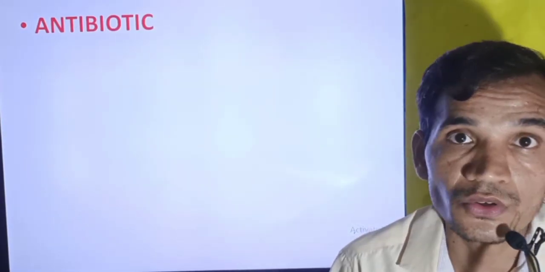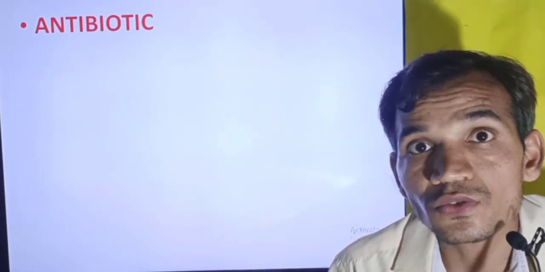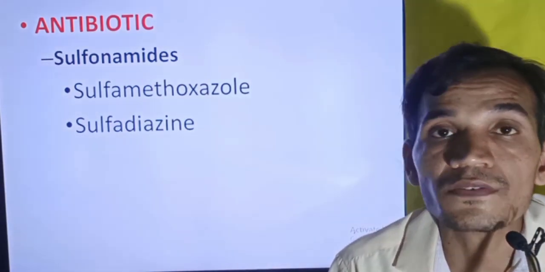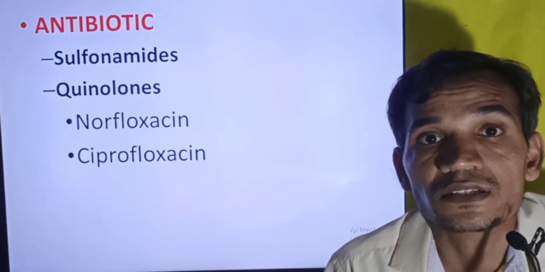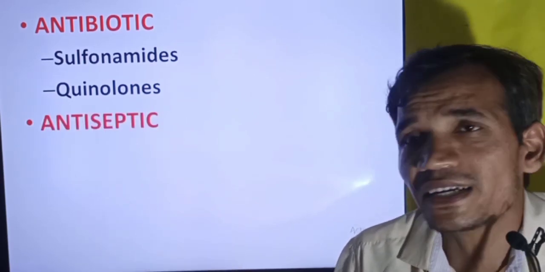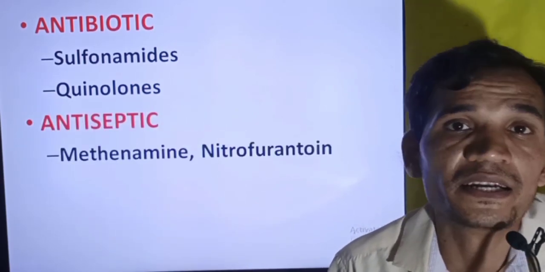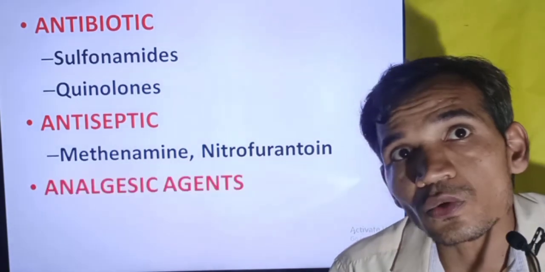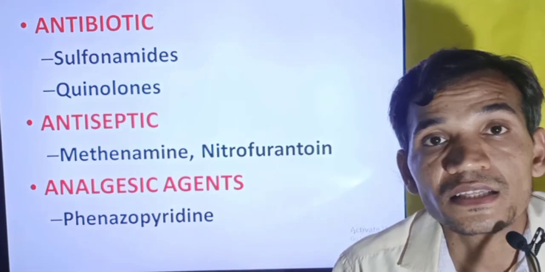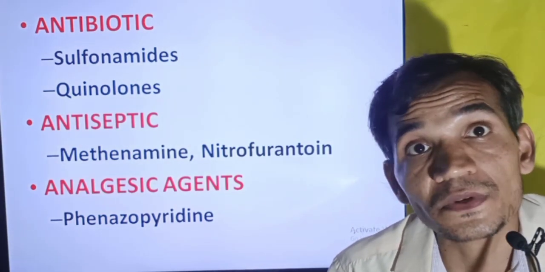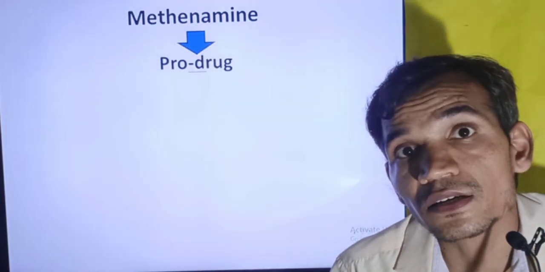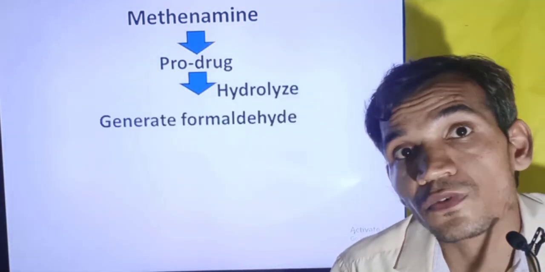To control urinary tract infection, initially we use antibiotics like sulfonamides, sulfamethoxazole and sulfadiazine, and quinolones, norfloxacin and ciprofloxacin. Apart from it, we use some antiseptics like methenamine and nitrofurantoin, and to control the pain, we use an analgesic agent like phenazopyridine. The mechanism of action for phenazopyridine is not clear, but methenamine is a kind of prodrug which hydrolyzes and produces formaldehyde.